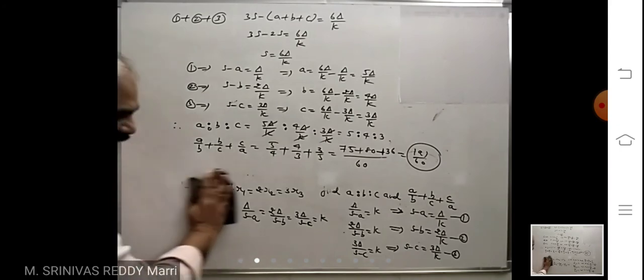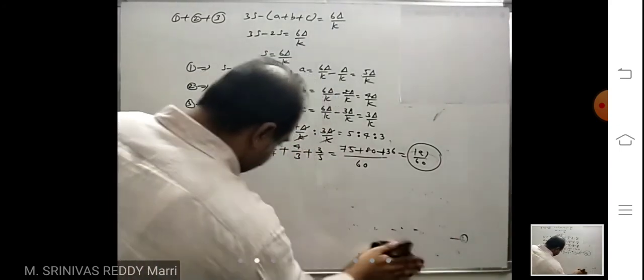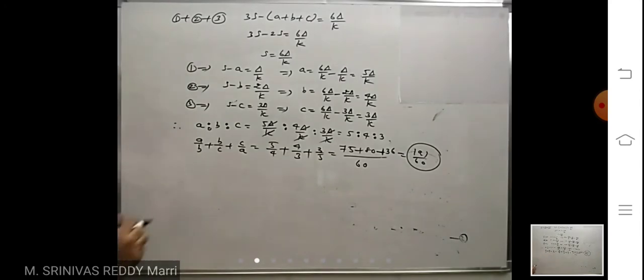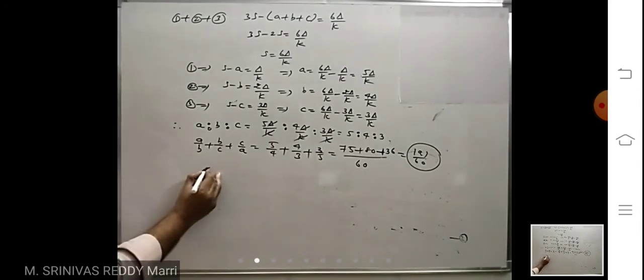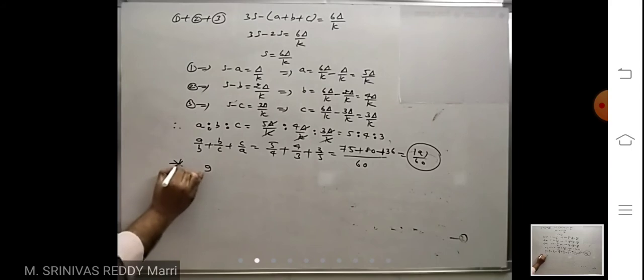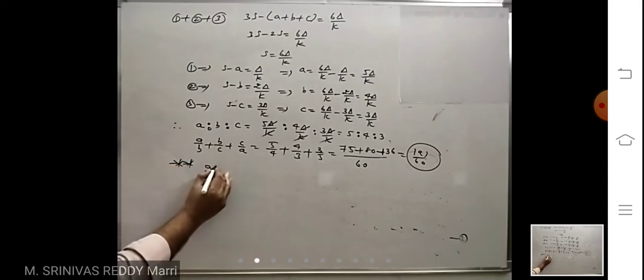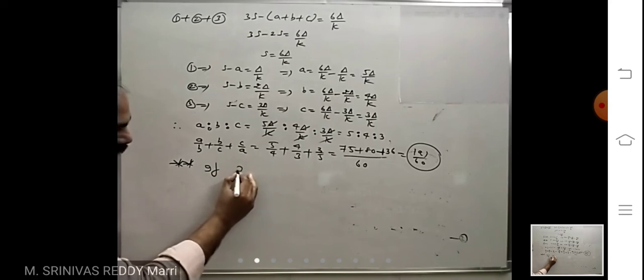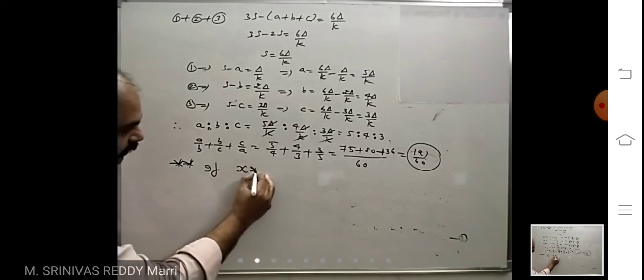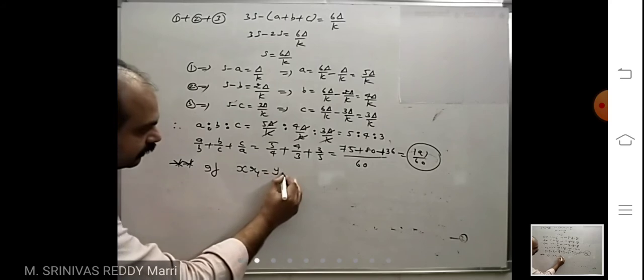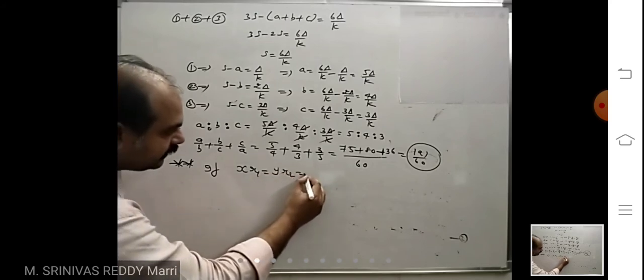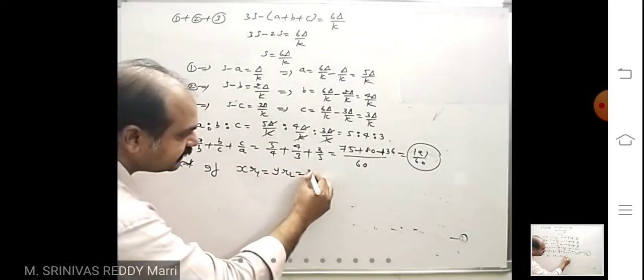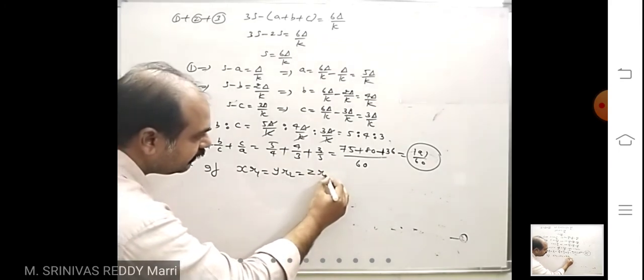Look at what the shortcut is. Whenever the equation is given like this, remember this one. It can be useful in problems if X R1 equals Y R2 equals Z R3.